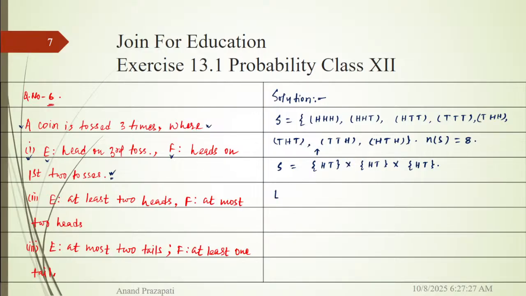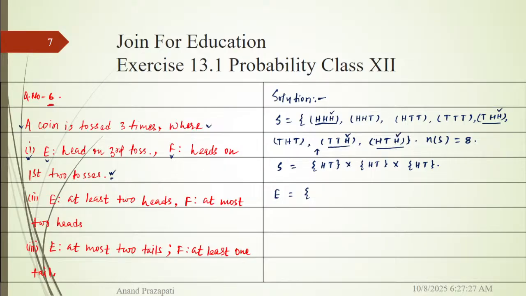So event E has head on third toss. It means this one, this one, this one, and this one.